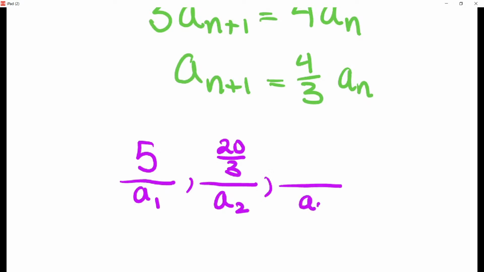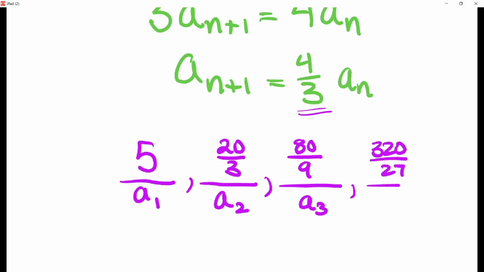And then a sub 3 is 80/9. Sorry, not 100. I can't do math apparently. So you see the pattern? We're always multiplying by 4/3 to get the next number. Let's just do one more to be sure. The next number is going to be 320/27. That's a sub 4.